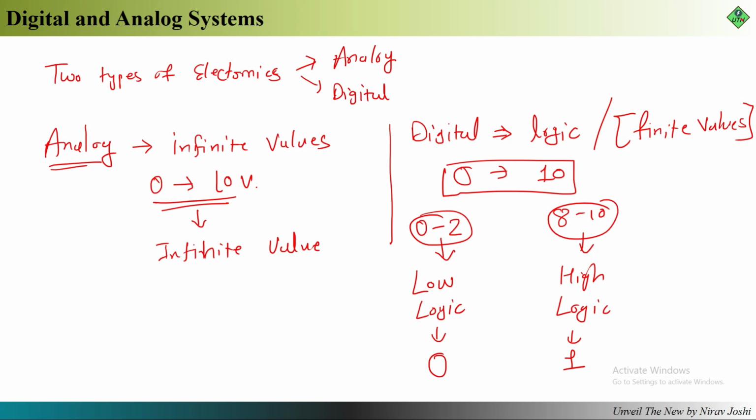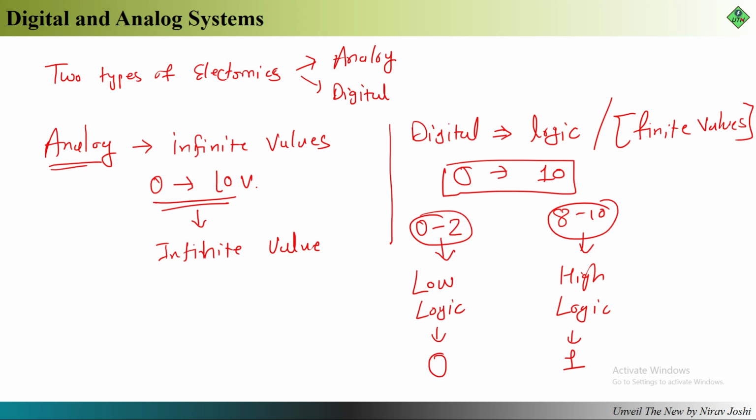If it is in the band 8 to 10, it is high logic, that means 1. There can be different examples. If the voltage range is 0 to 5, then 0 to 1 can be considered low logic, and 4 to 5 can be considered high logic. It depends on the manufacturer, how they design it.